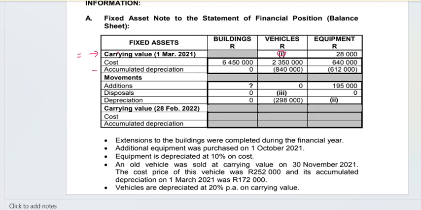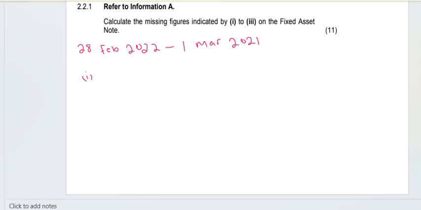So for us to get the carrying value, we must take the cost and subtract the accumulated depreciation.